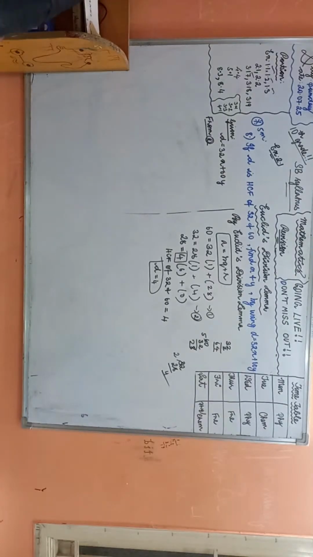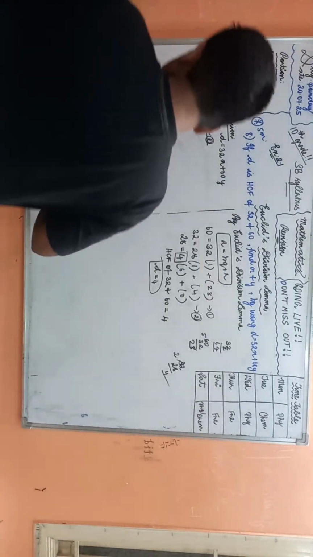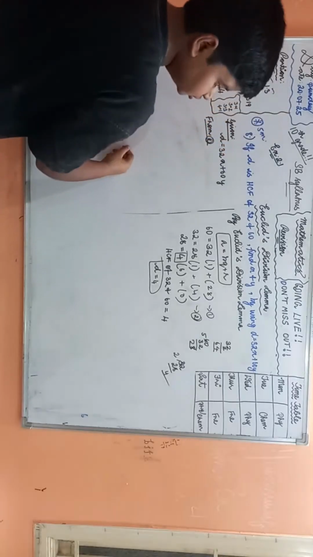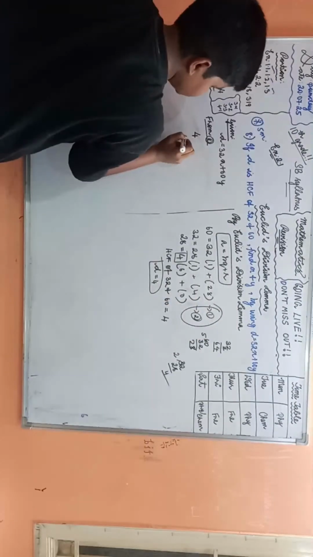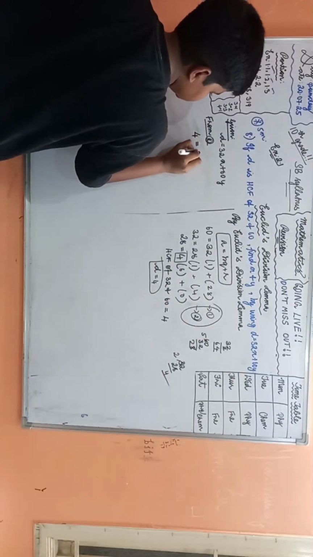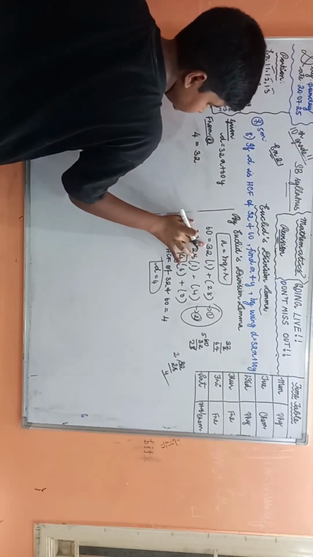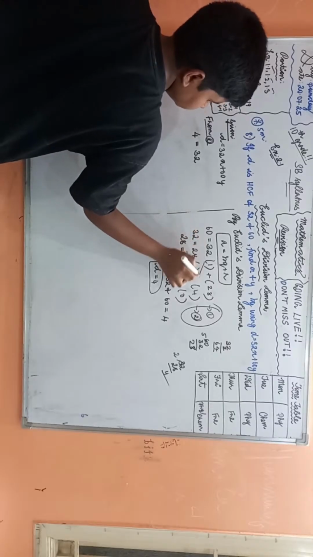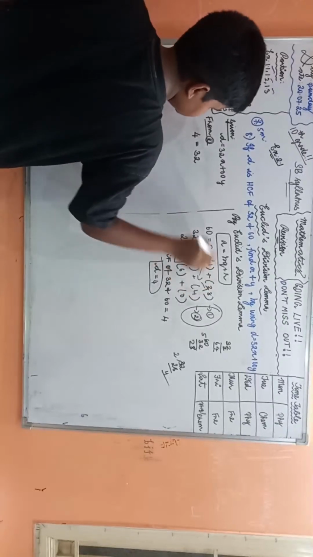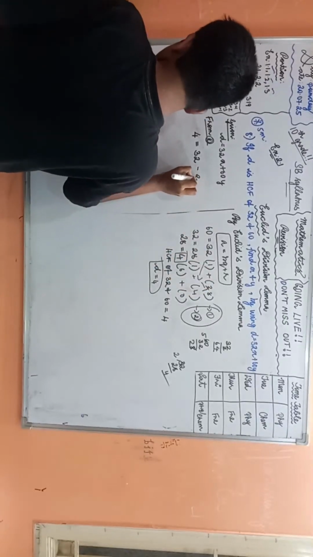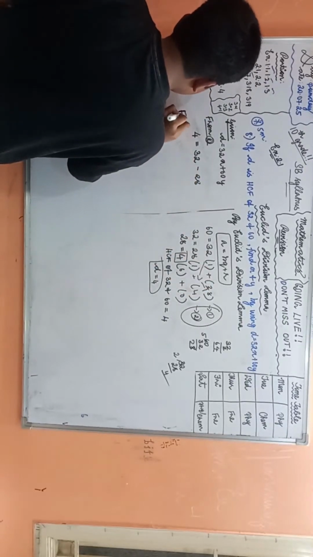So from 2, both of these equations, 4 is equal to 32 minus 28. So this is from 1.